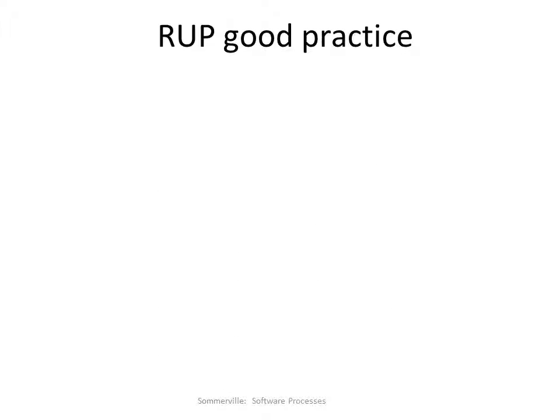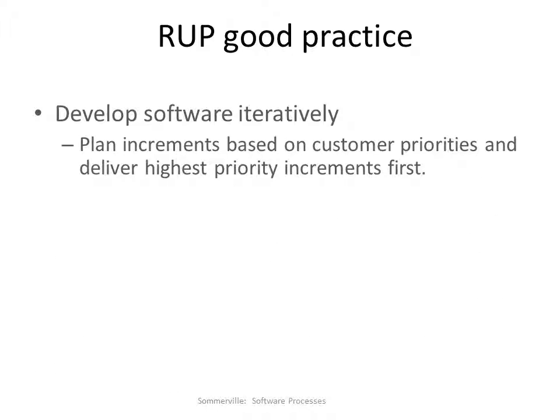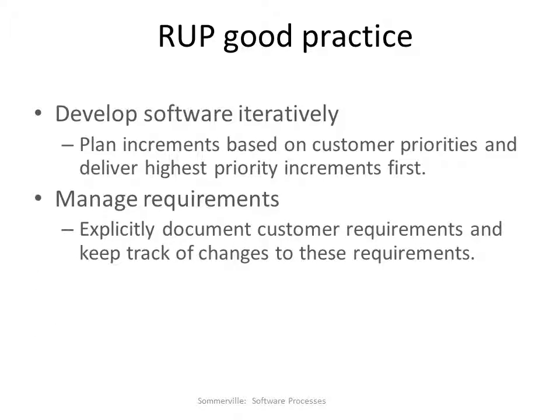Okay, we stated that RUP is looked at from three perspectives, and this is the third perspective, which is RUP good practice. And that is developing software iteratively. So you have to plan the increments based on customer priorities and deliver the highest priority increment first. And manage requirements: explicitly document customer requirements and keep track of changes to these requirements.